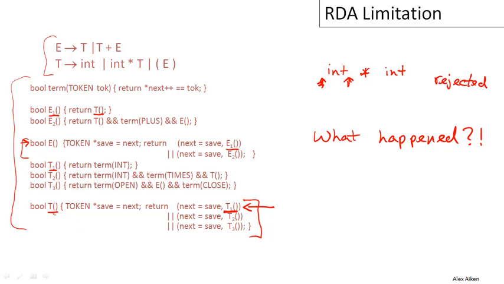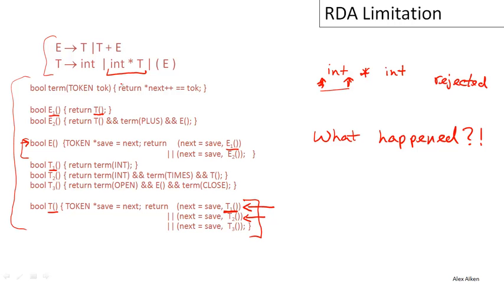If we were going to succeed, we would have to say, oh, well, even though we found a production for t that matched part of the input, since the overall parse failed, that must not have been the right production to choose for t. Maybe we should try some other productions for t. And in fact, if we had tried the second production for t, t2, we would have matched int times t, and then we probably would have succeeded.